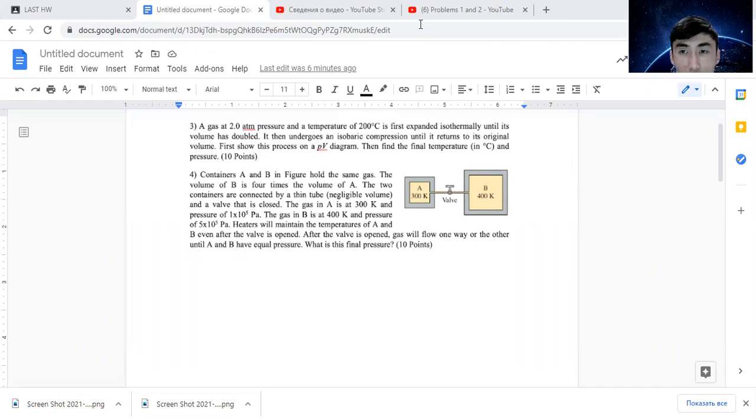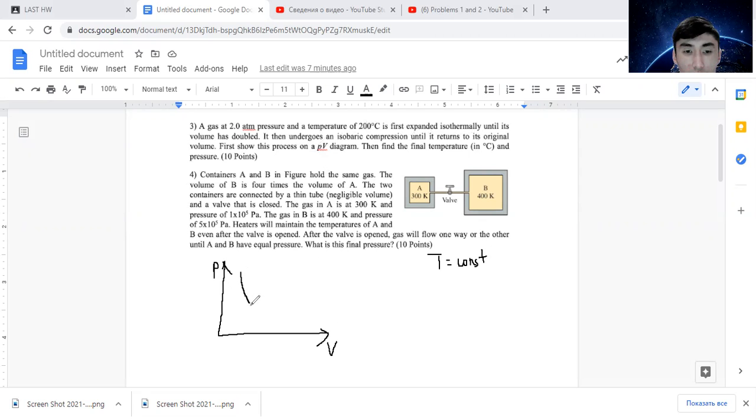So let's draw the PV diagram firstly. PV. As it says, the gas was expanded isothermally. Isothermally means the temperature will be constant.